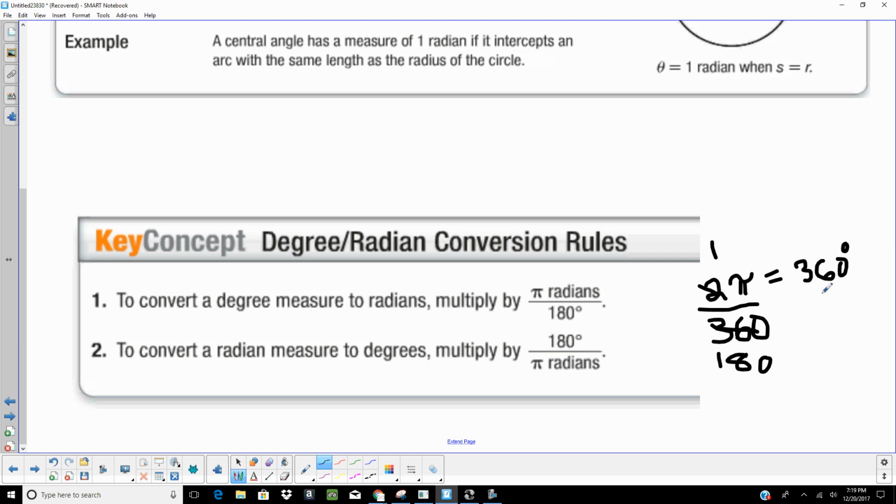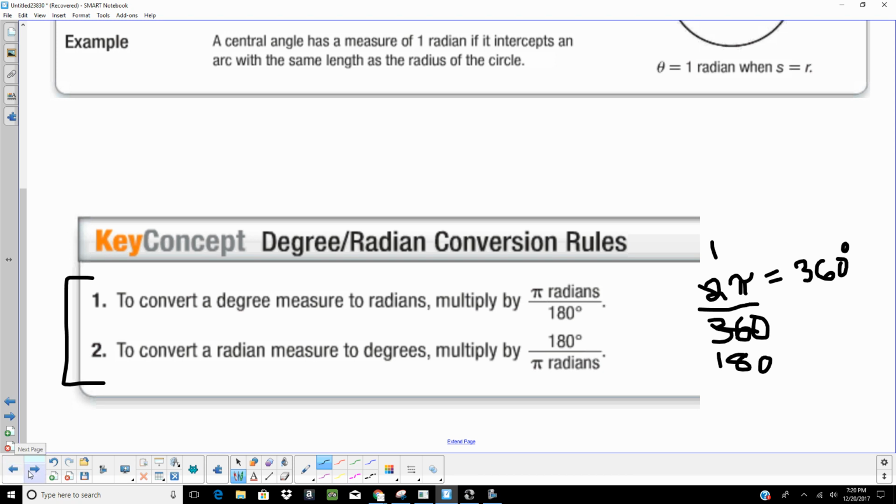So 1 degree is pi over 180. Conversely, to convert radian measures to degrees, you multiply by 180 over pi. You will want to commit that to memory: pi over 180 and 180 over pi.